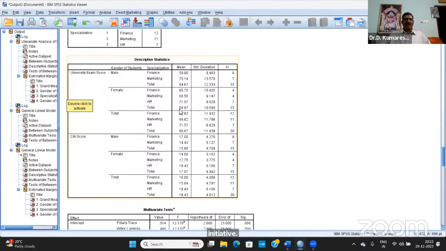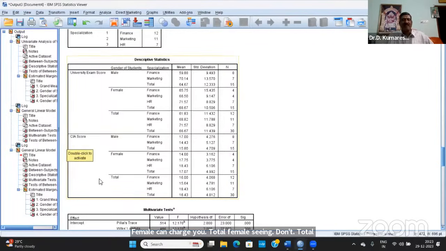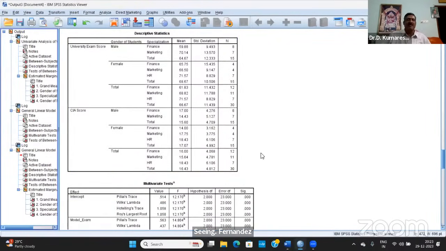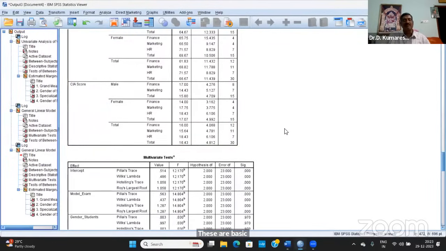Male total, female total. Similarly, male finance, CAA. Male marketing, CAA. Female finance, CAA. Female marketing, CAA. Female HR, CAA. Total female, CAA. Total HR, total male CAA. Overall finance, marketing, HR. These are basic descriptives. But we go for advanced level.